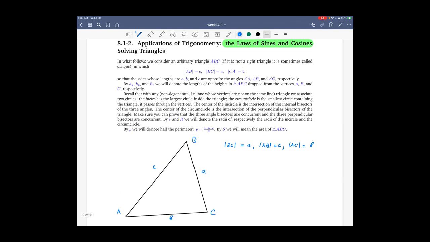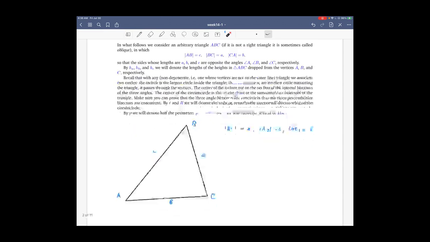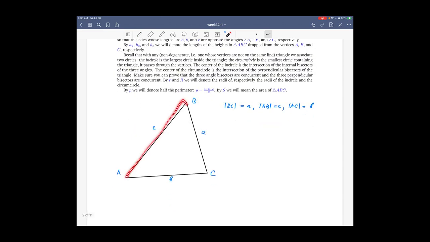Before we formulate the law of sines, our first major result here, let's discuss two important circles associated with every triangle which is non-degenerate. Non-degenerate means the vertices of the triangle don't lie on the same line. So we exclude a situation like this.